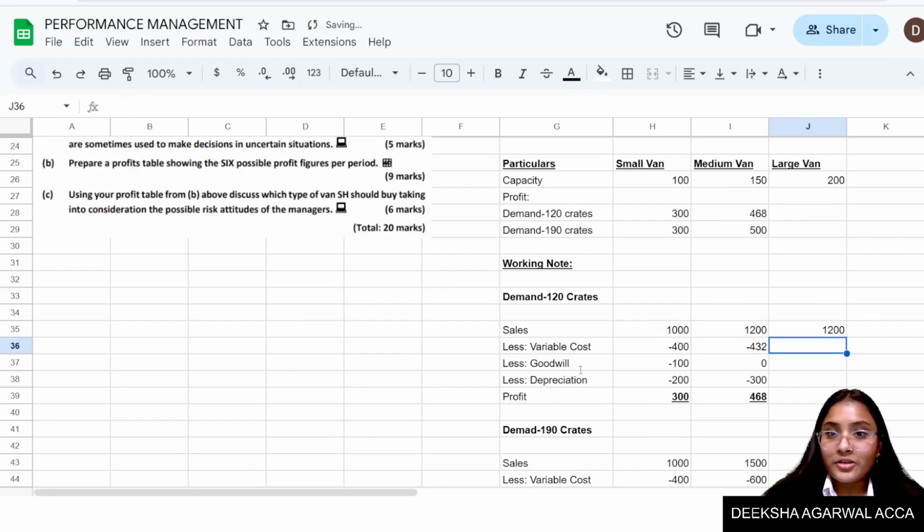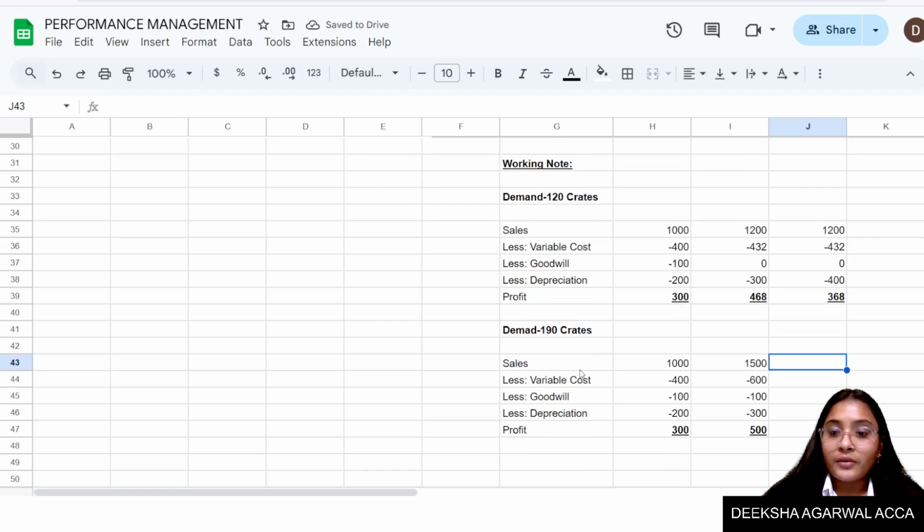Correct. That cannot be changed. My variable cost will be how much? My variable cost again will be 4 into 120 units I am serving into 90%. Why? Variable cost will be lesser whenever capacity is more than demand. Mentioned in the question. 400 is my depreciation and you got your profit. And there will be no goodwill impaired.